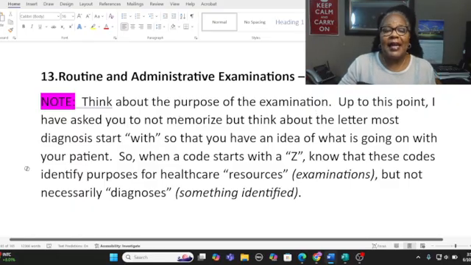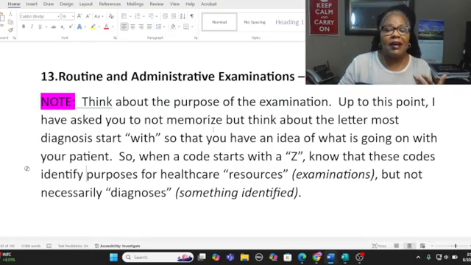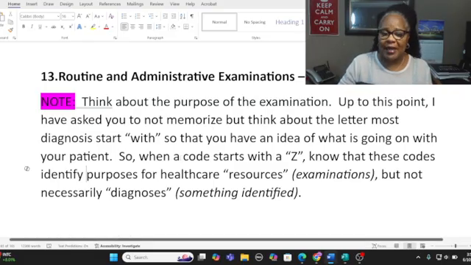Up to this point, I have asked you not to memorize, but to think about the letter most of these diagnoses start with, so that you have an idea of what's going on with your patient. So when a code starts with a letter Z, know that these codes identify purposes for healthcare resources, such as examinations, but not necessarily diagnoses where something is identified.